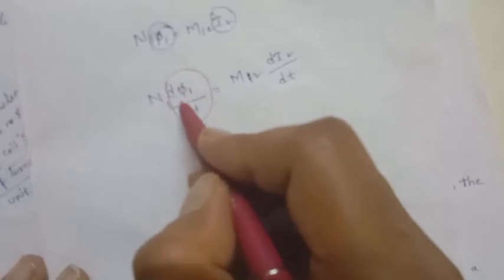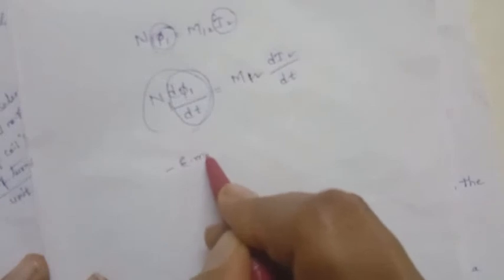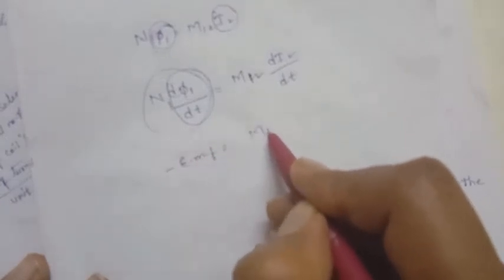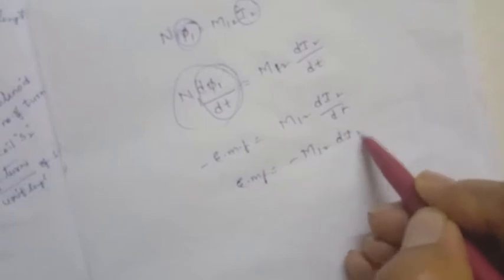According to Faraday's law of induction, the rate of change of magnetic flux through a coil is nothing but EMF. So EMF is equal to minus M12 d I2 by dt.